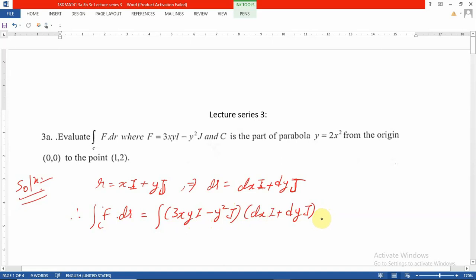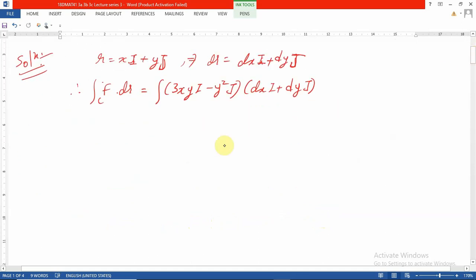Whenever there are i and j, please remember that corresponding elements are always multiplied. i with respect to i is multiplied, j with respect to j is multiplied. i into i is 1, j into j is 1. This is a dot product, so only corresponding elements are multiplied.